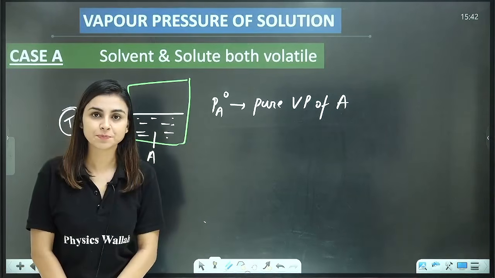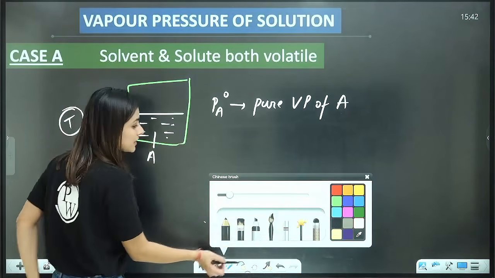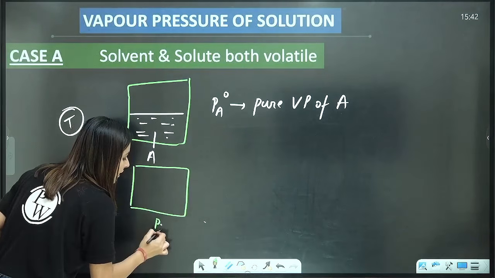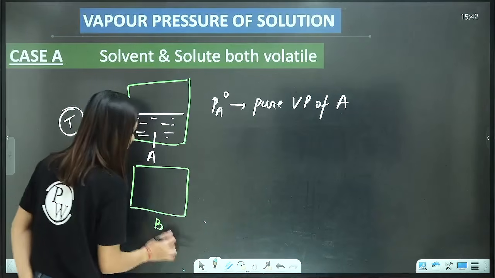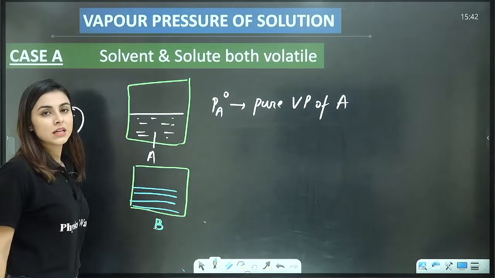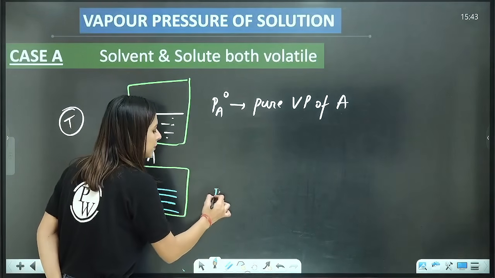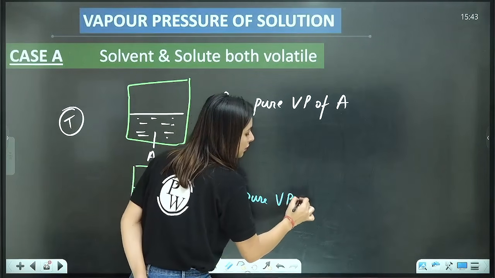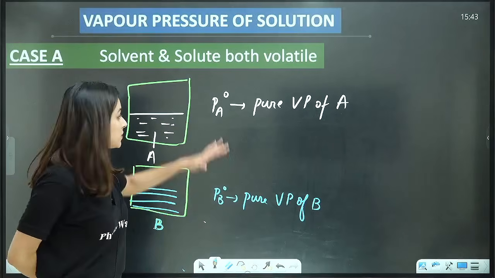Perfect. Now, my dear students, let us take the same container, and let us take another component B. Let me represent it by blue color. So this is B. Now, if I ask you what would be the vapor pressure of this, you would say that the vapor pressure would be PB naught. This would be the pure vapor pressure of B. Now, these both are volatile.